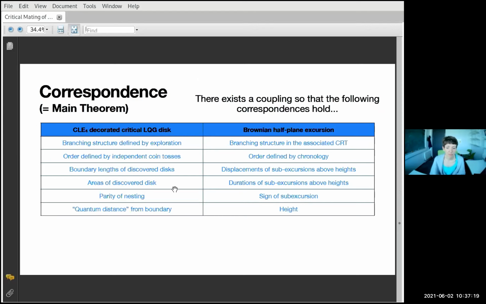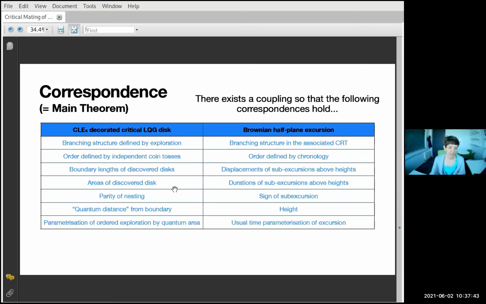Another thing to briefly mention is a very natural observable in the Brownian half-plane excursion, the height. So I mentioned we want to increase the height to see this branching structure. What this corresponds to in the CLE4 disk is actually a way to measure some kind of quantum distance from the boundary of points in the disk or loops in the CLE4.